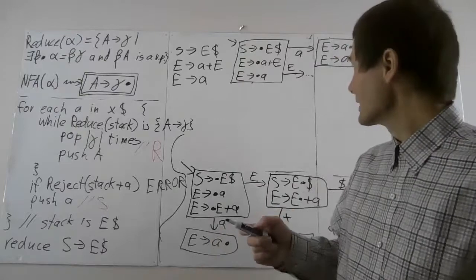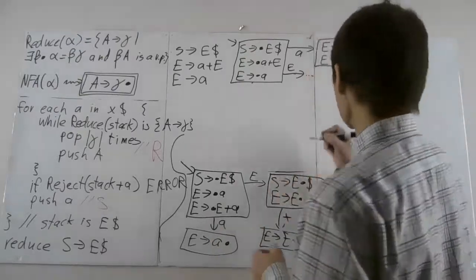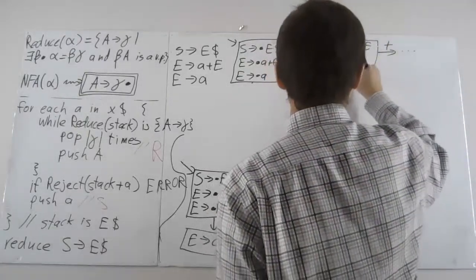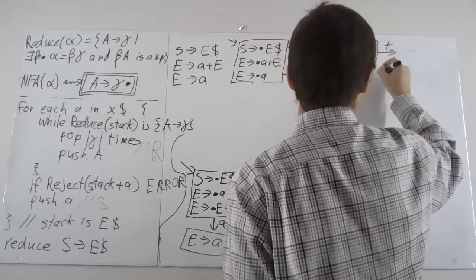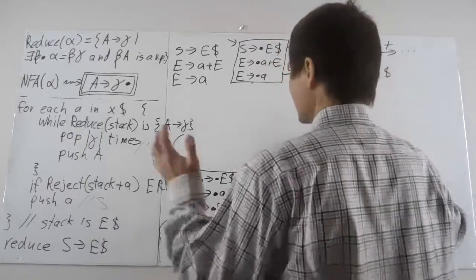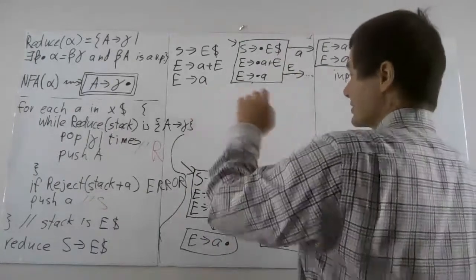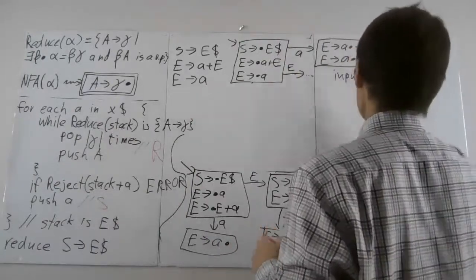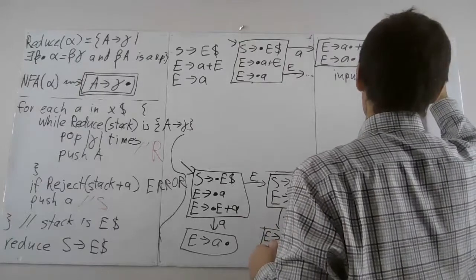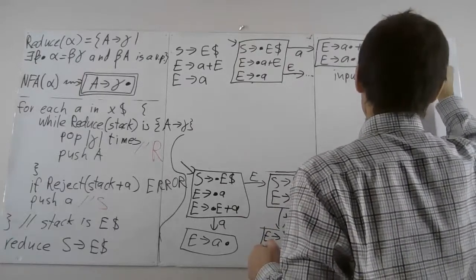The input could be, let's say, a $, right? So if my entire input is just A, then I want to shift, right?